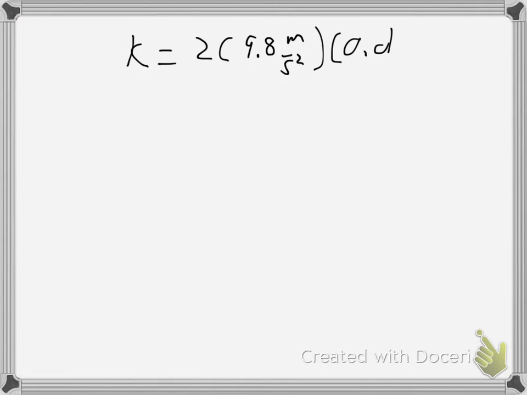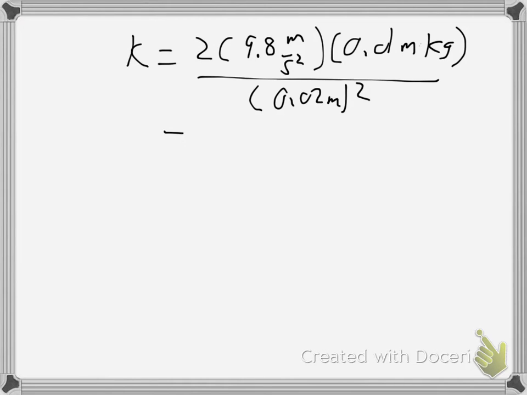So now we have to calculate. k is 2 times 9.8 meters per second squared times 0.01, and the compression was 0.02 meters, so we need to square that. And this comes out to be 490 Newton meters.